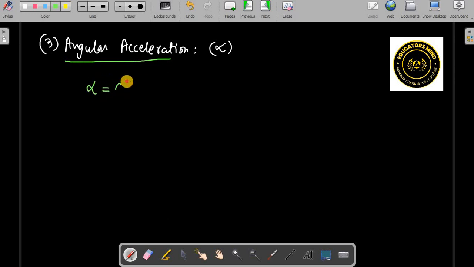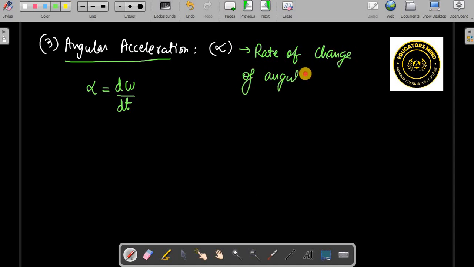Angular acceleration alpha is the rate of change of angular velocity. Just like the rate of change of linear velocity is linear acceleration, in the same way the rate of change of angular velocity is angular acceleration.